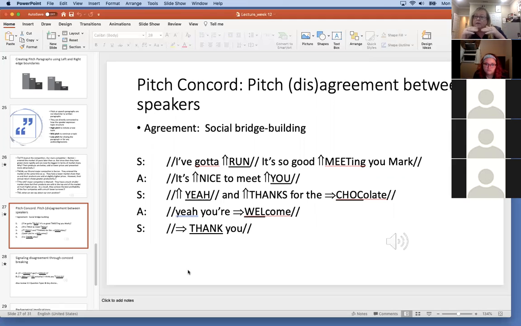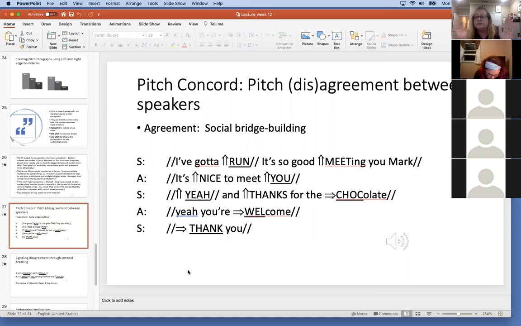If I'm a guy and you're a woman, by pitch matching, I don't mean that he's suddenly going to go really high or you're suddenly going to go really low, but that if he's at the middle of his range, you'll be at the middle of your range. If he's at the height of his range, you'll tend to respond high in your range. That's called pitch concord.